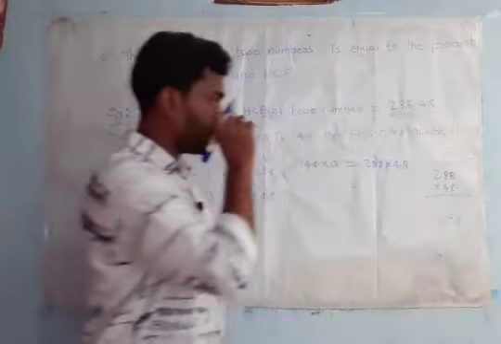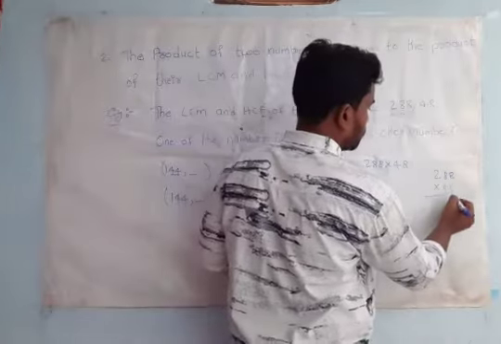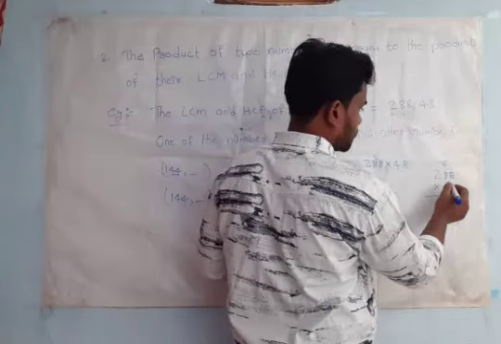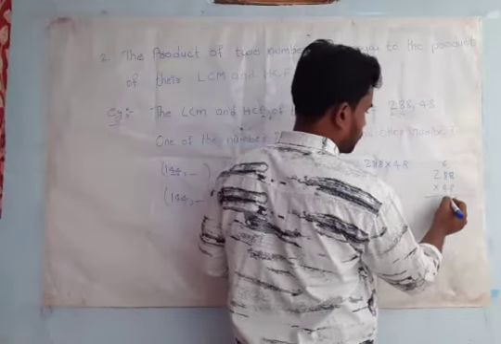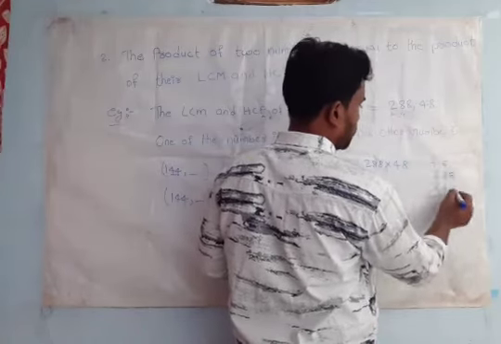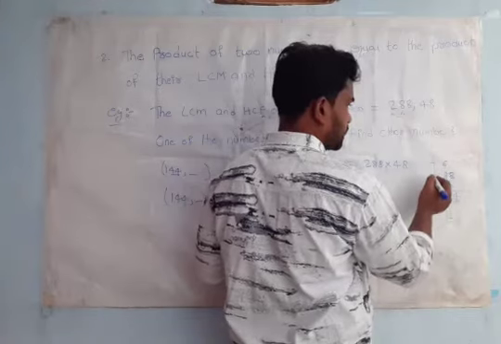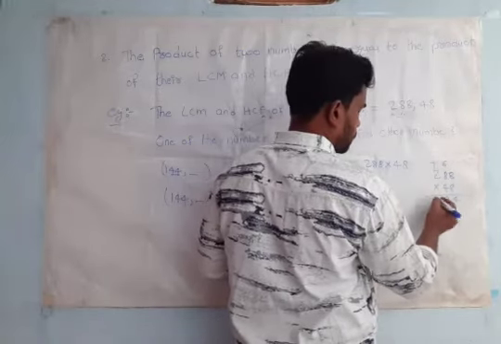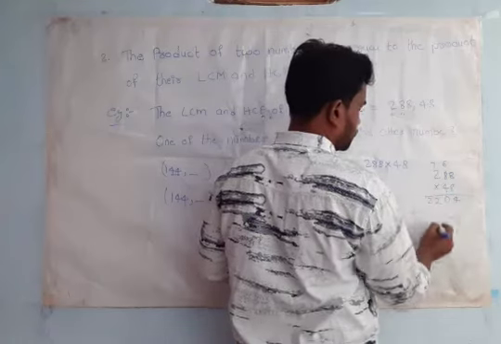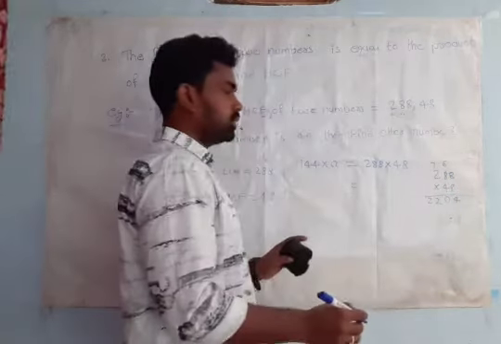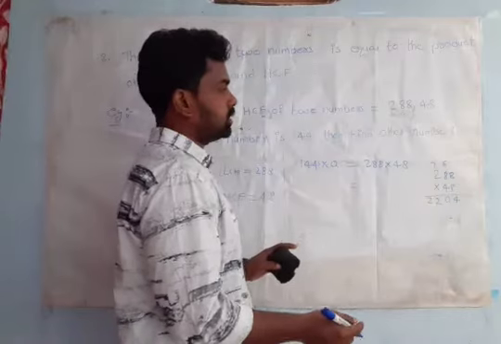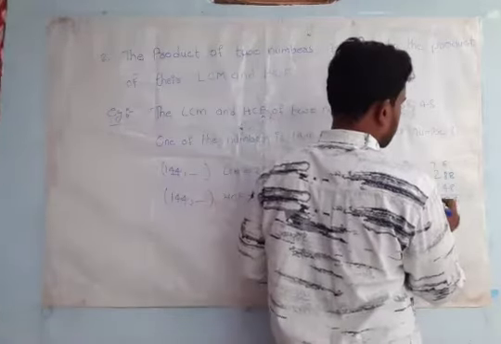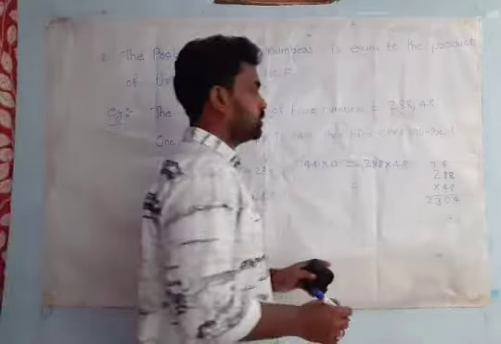Now you see, 8 8s are 64. 64 plus 6 is 70. 8 2s are 16. 16 plus 7 is 23.